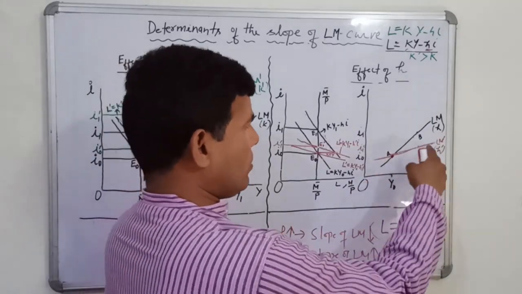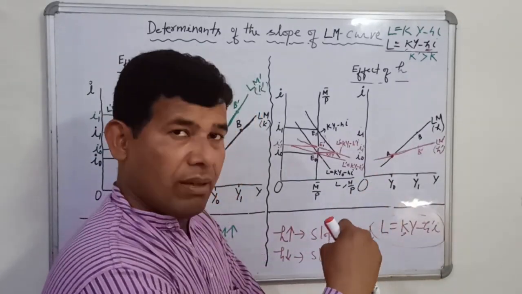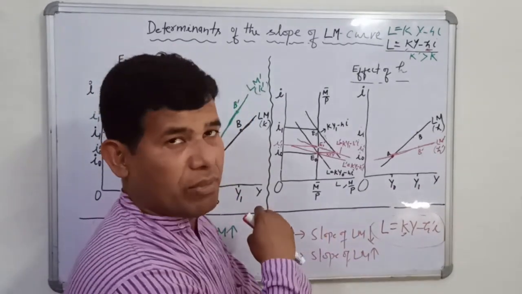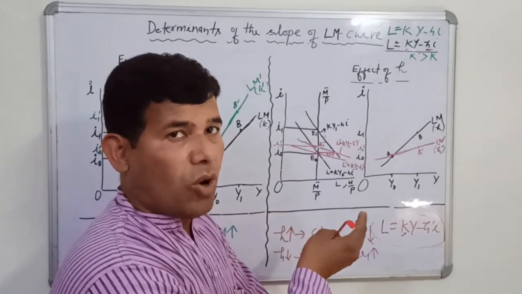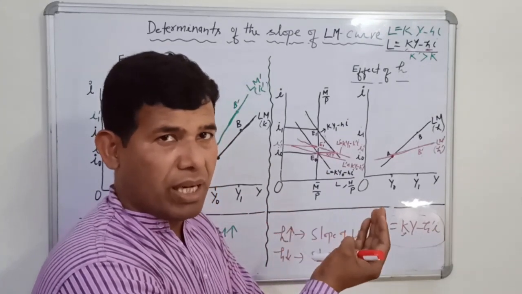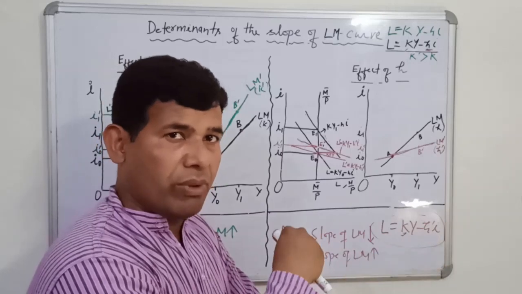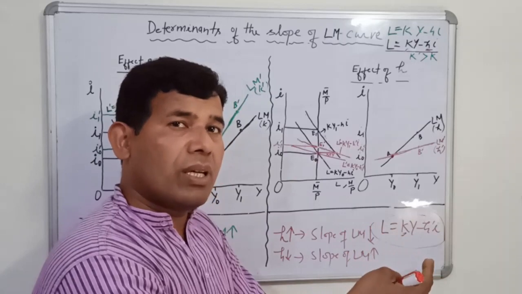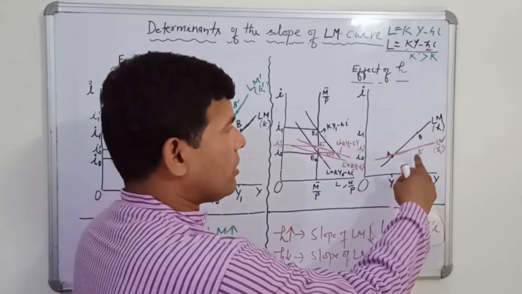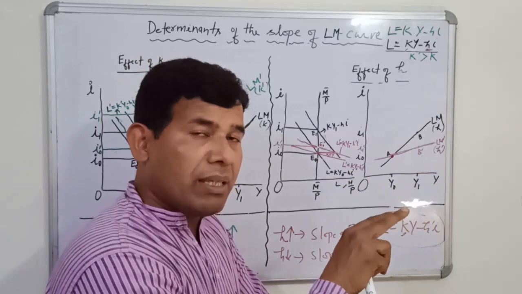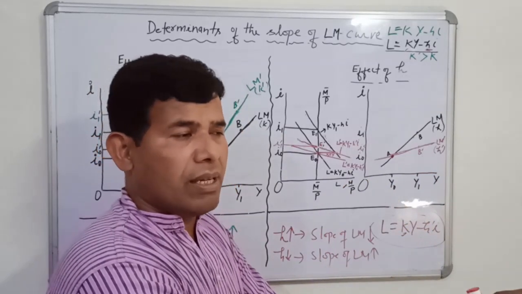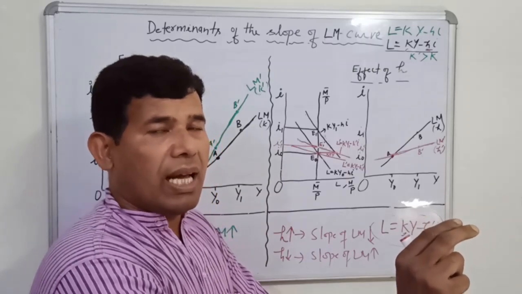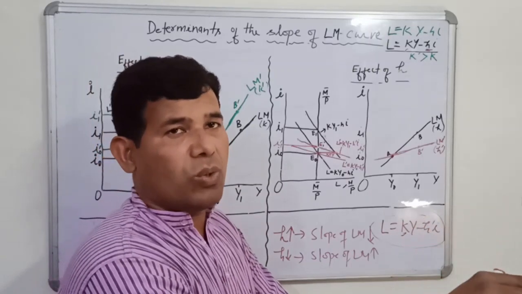So in case of this, when income rises from Y0 to Y1, money demand rises in the money market, but then to offset the rise in money demand, to bring the money market into equilibrium, money demand must fall, and which will ensure the fall in money demand? It is the rate of interest. Now, money demand being more sensitive to the rate of interest, a little bit of rise in interest rate would cause more money demand to fall and will ensure that the money market goes into equilibrium.